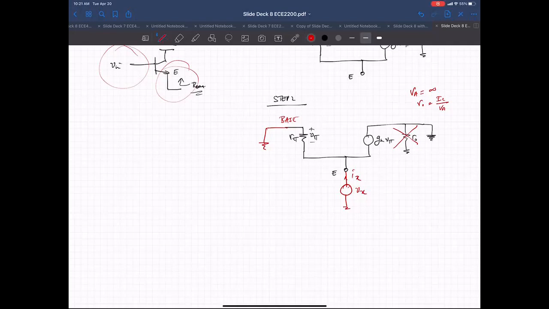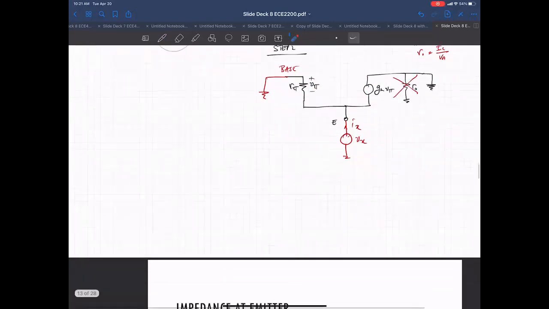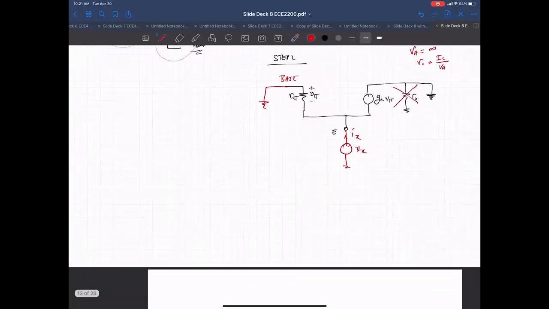So now we're looking at I sub X. And I sub X is made up of two components. It's made up of a current coming through here and a current coming through here. So I sub X is flowing into this node, and this guy is flowing in here. If I sub X was flowing this way, then it would equal these two.